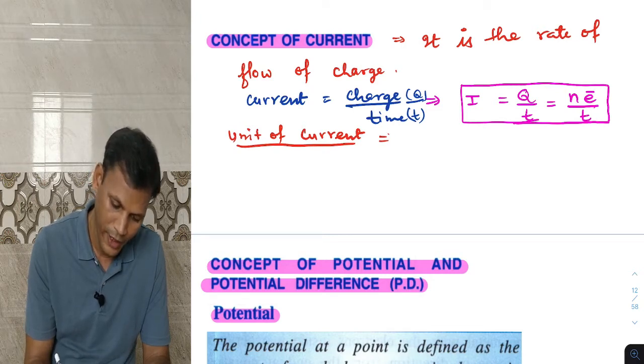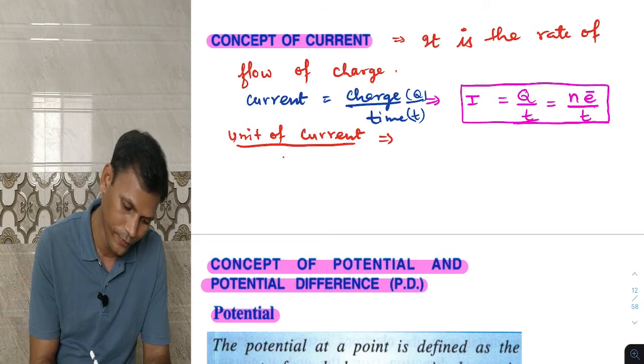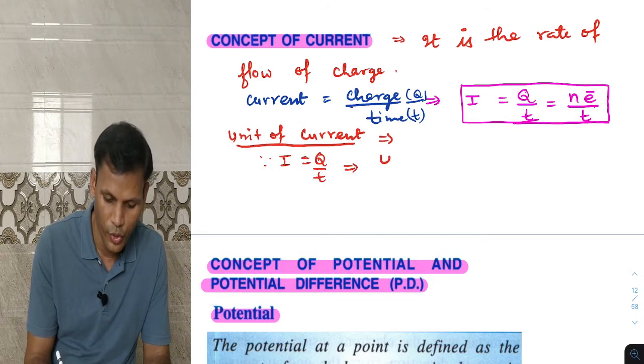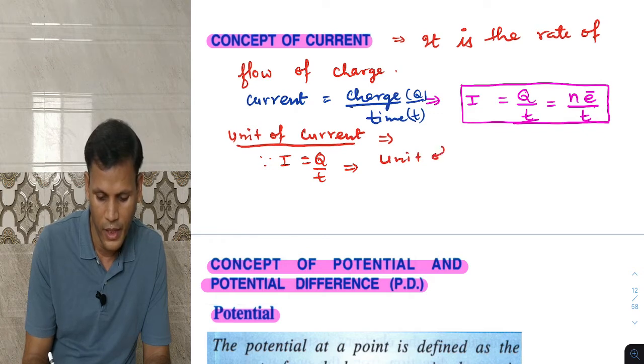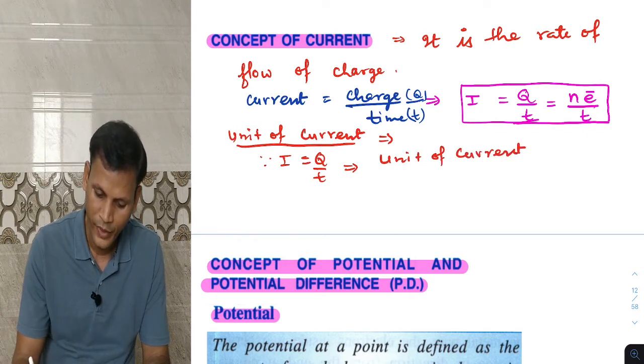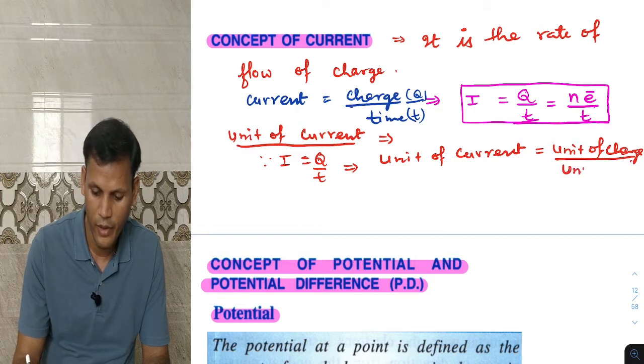Since I is equal to Q by T, where Q is the charge, the unit of current will be unit of charge upon unit of time.